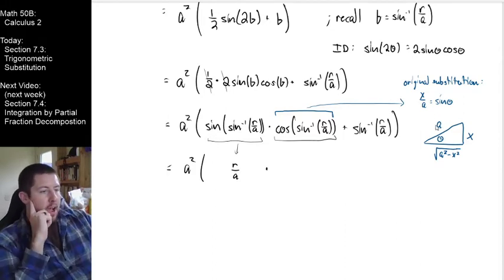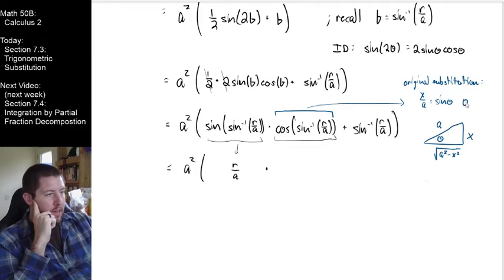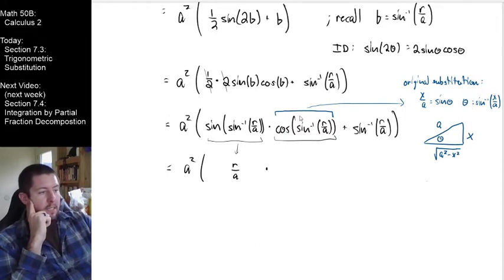So that's my relevant triangle. And recognize here that if you were just to take the inverse sine on both sides, theta is sine inverse of x over a, meaning this is really just asking the question, what is cosine of theta? Theta is sine inverse of r over a.